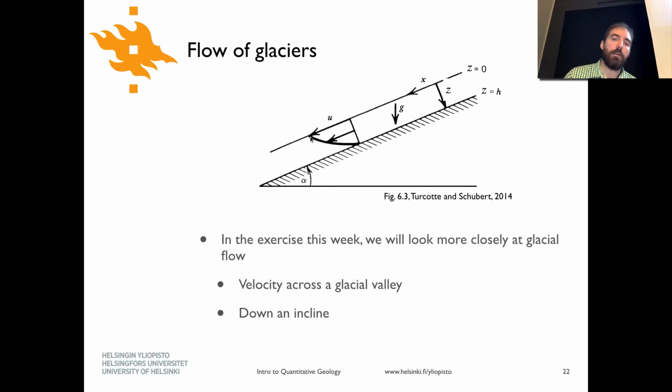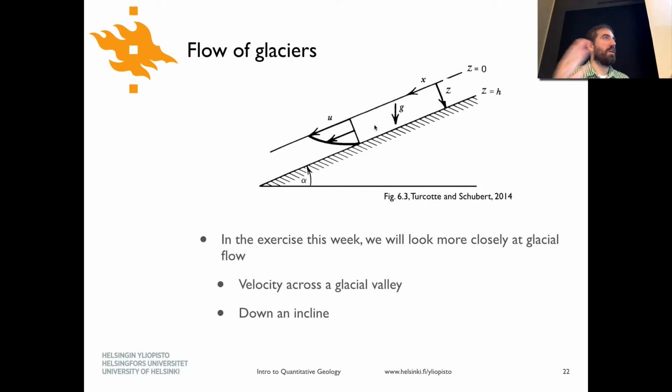And what you can see is that the velocity basically goes to 0 at the bottom of the fluid, and it increases as you go up the column toward the free surface, or toward the surface of the ice or whatever the fluid is. And so we're going to look at the flow of ice in this kind of view, so flowing down an incline, and we're also going to look in kind of a map view of ice flowing between two walls of a valley.